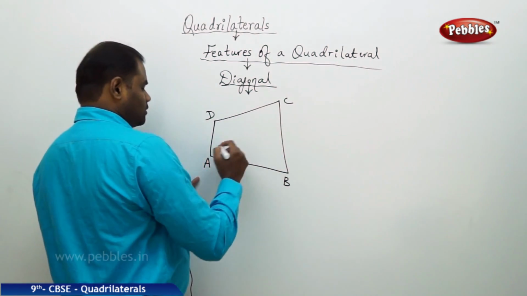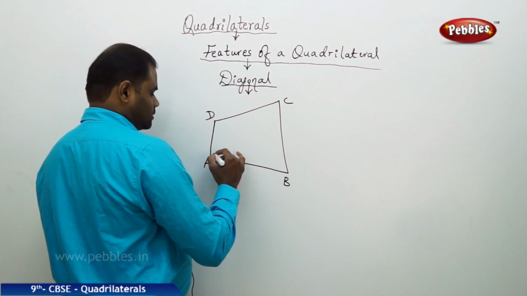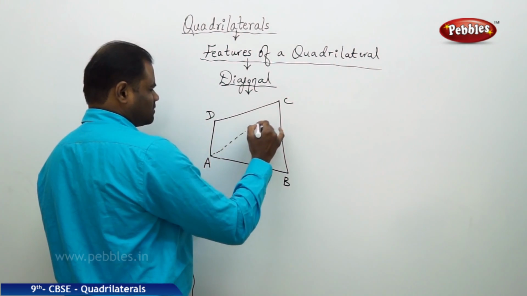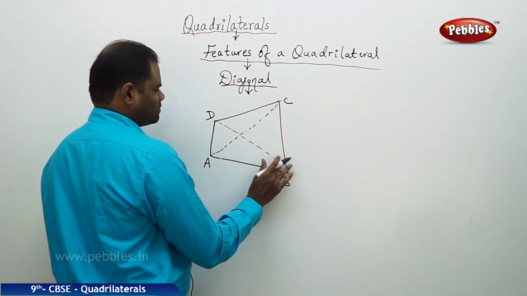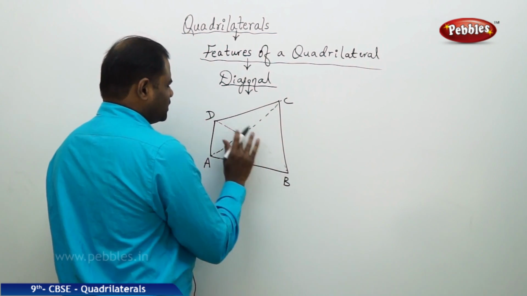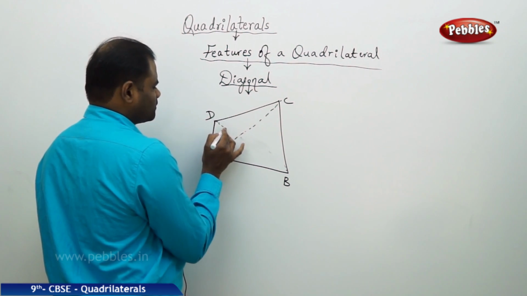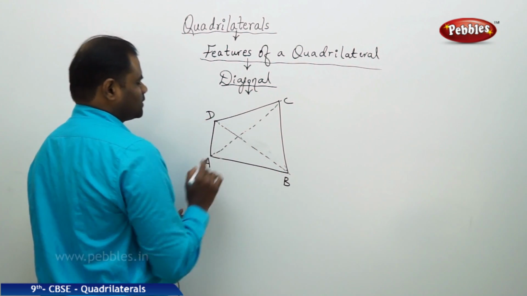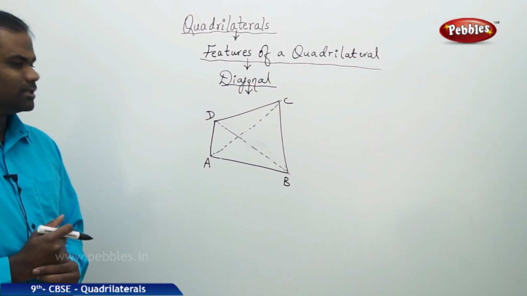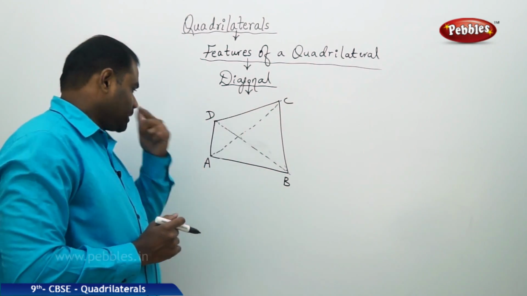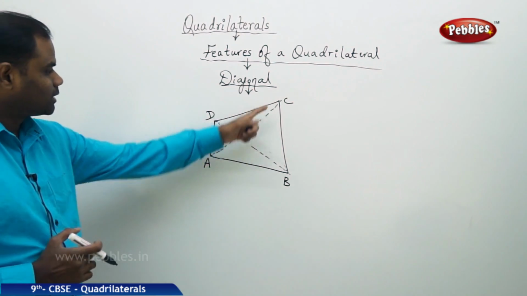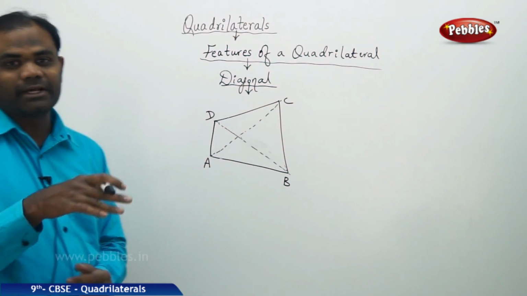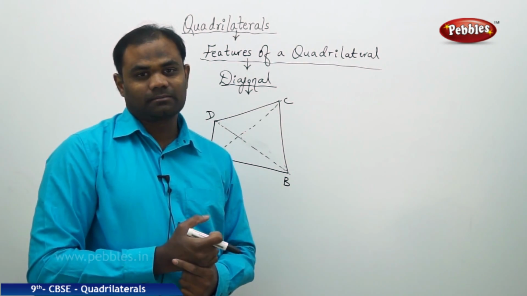A and C are called alternate points. Let me join this. I clearly see that the alternate points A and C and B and D are joined. I get a different kind of region, the cross lines which form the diagonal.